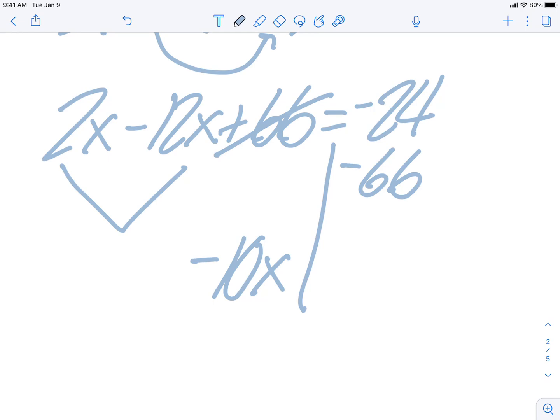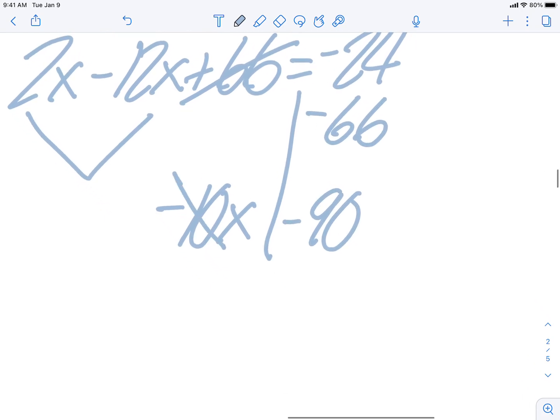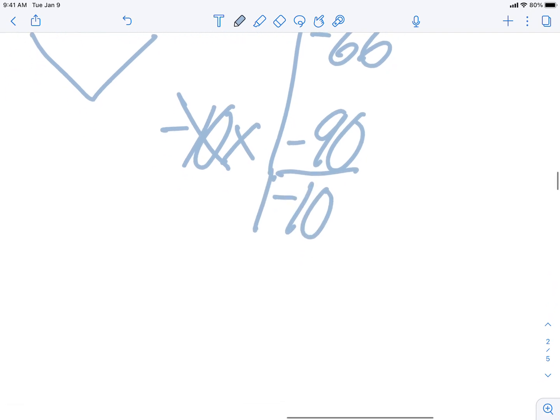Right? Negative 24 and negative 66 are like terms, so I'm going to add them. And I'm going to get 90, but negative, right? Because 66 is bigger. So the opposite of multiplying by negative 10 is dividing by negative 10. So I get x is equal to negative 90 divided by negative 10 is 9.